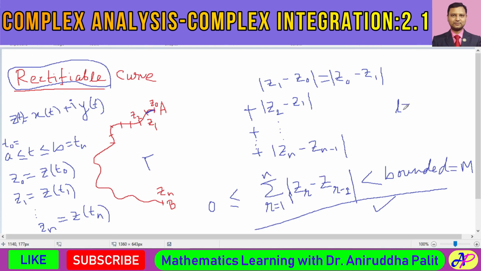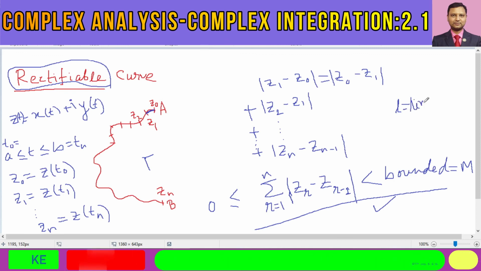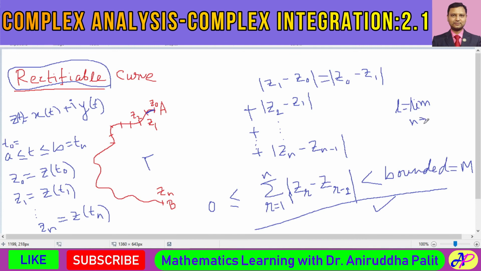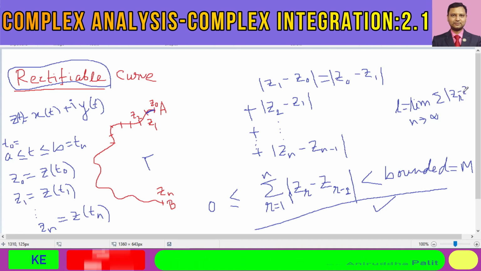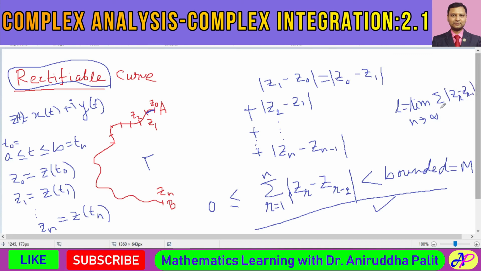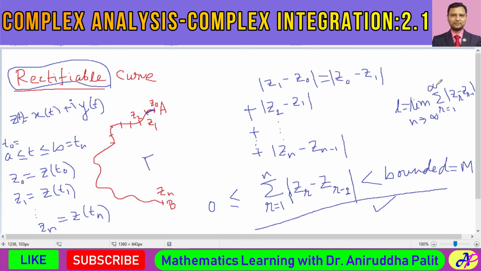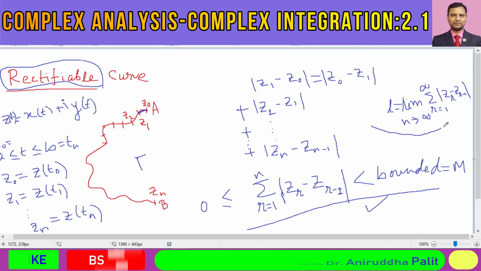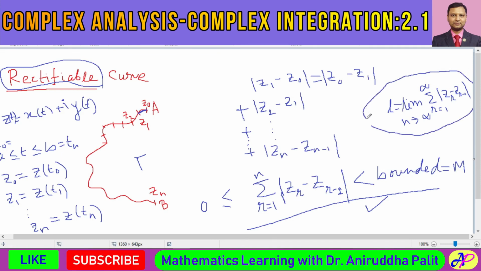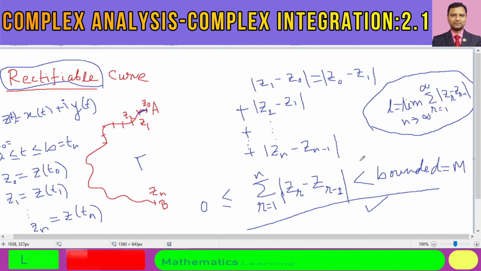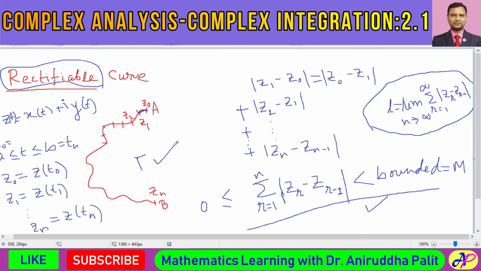So what is L? Elaborately speaking, that should be the limit n tending to infinity of this summation, modulus of zr minus zr minus 1, r equal to 1 to n. So this L will be designated as the length of this rectifiable curve.